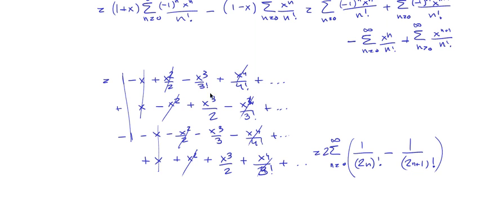Times 2, right? Because this is 2 times 1 over 2 factorial minus 2 times 1 over 3 factorial, right? This is this sum.